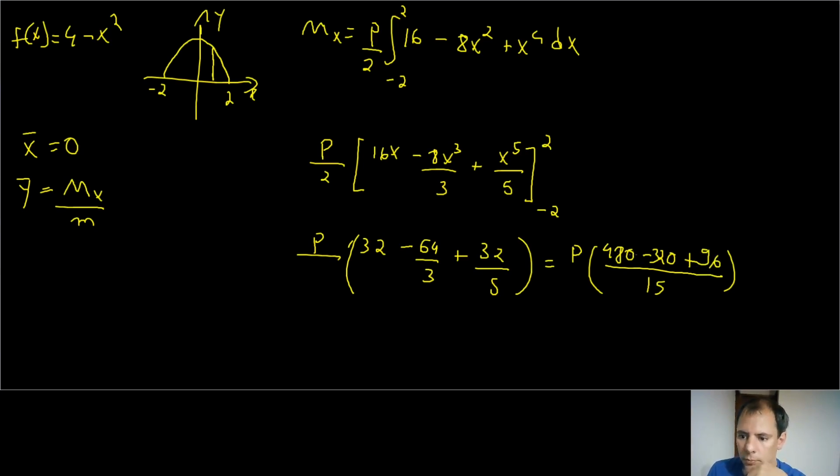All right, so it'll be 160 here plus 96. 260 minus 4, 256 divided by 15. It'll be p equals p 256 divided by 15. All right.